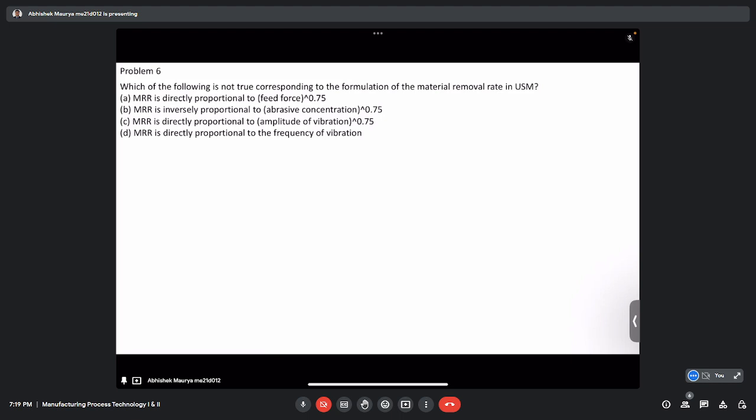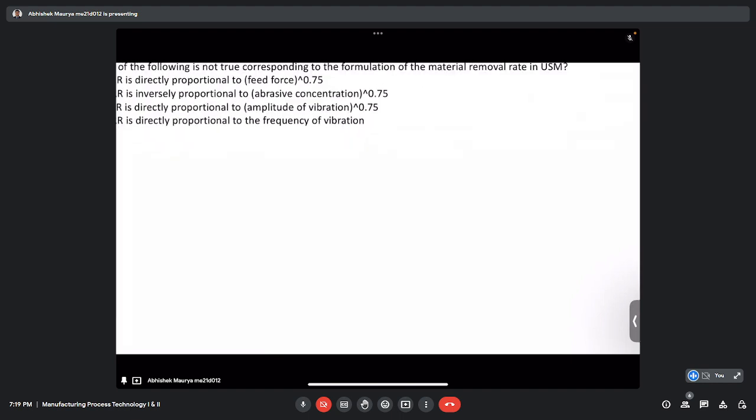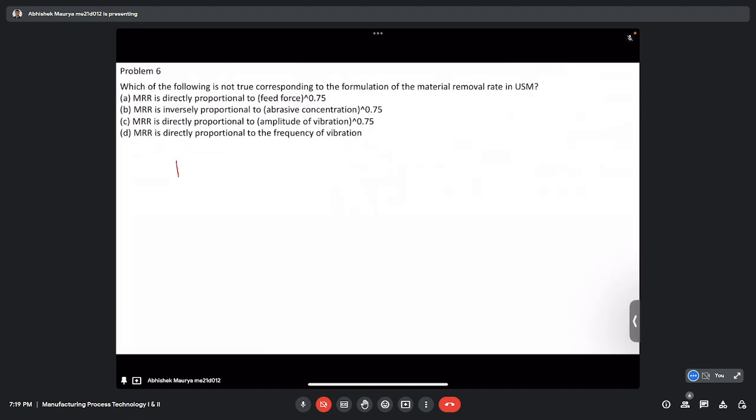I just want to draw some schematics. This is the tool, and here we have some workpiece, and we want to machine it.